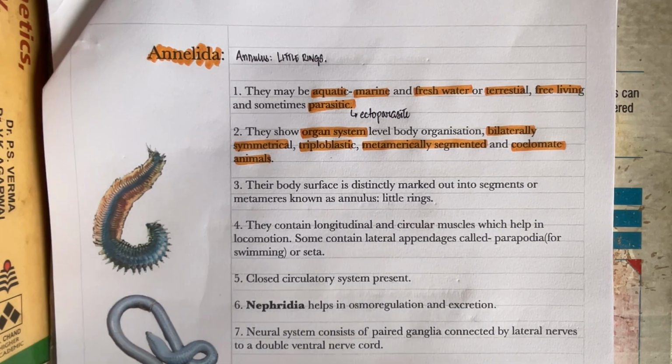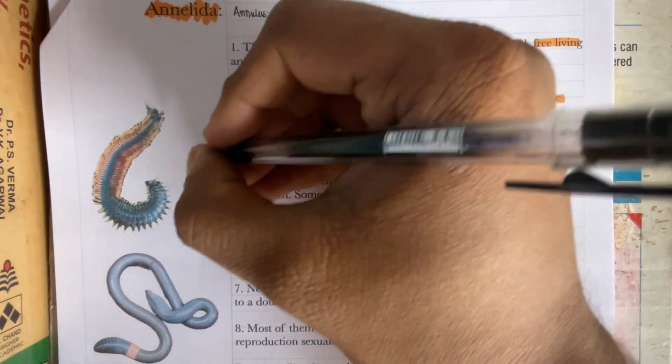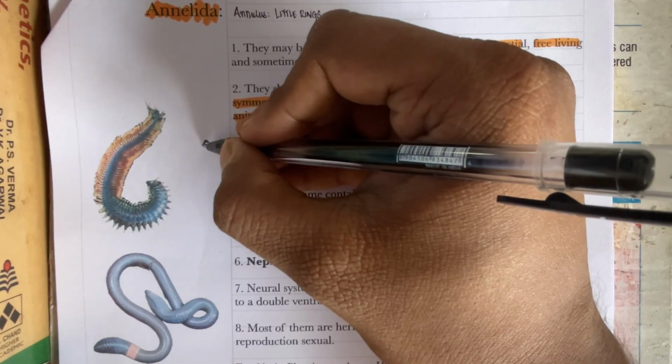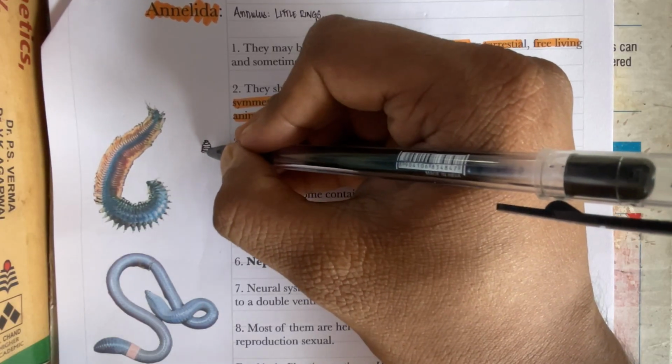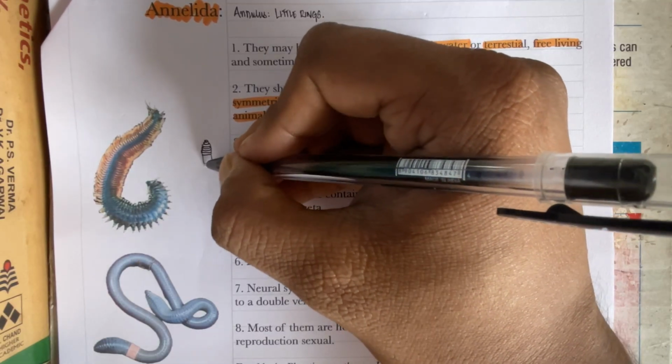For example, if you see an earthworm, here you can see the diagram of an earthworm. Its body is segmented, right? If I try to draw an earthworm, it will look like this. Their body is segmented, right?